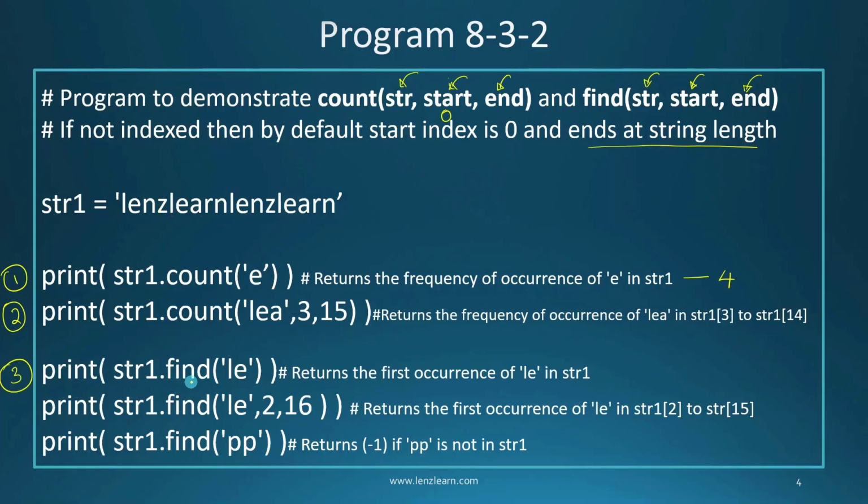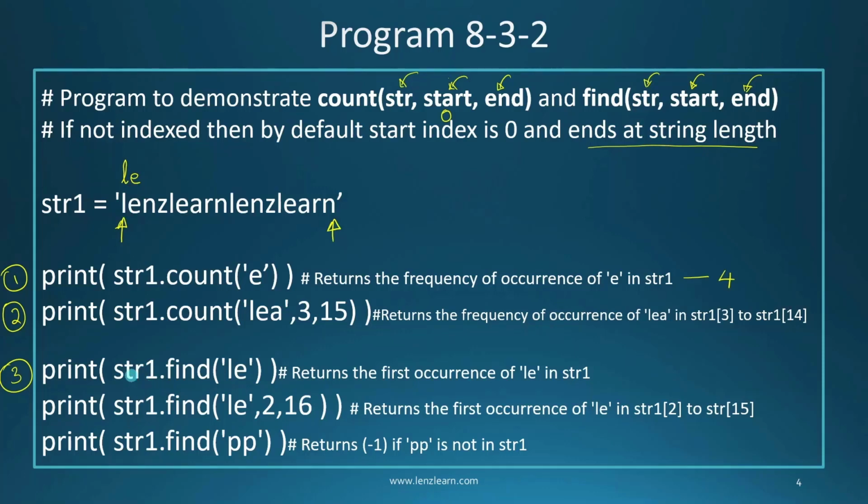In the first print statement with find, you can see I didn't specify any index value, right? So automatically it will start with the first character and go up till the end character. Now I am trying to find out whether there is a character combination LE. It will start to search from the first character. The first character happens to be L itself, the second character happens to be E itself, right?